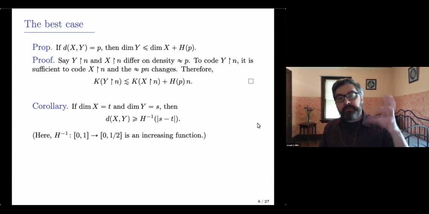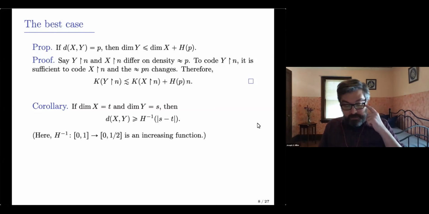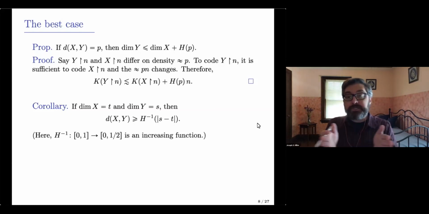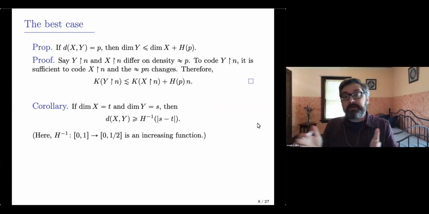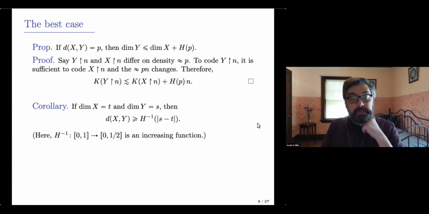I didn't say this before, but when I talk about h inverse, I'm only talking about the inverse of the entropy function restricted to 0 to 1/2. Otherwise we need to restrict it so that it can have an inverse. So h inverse mapping 0 to 1 to 0 to 1/2 is an increasing function.